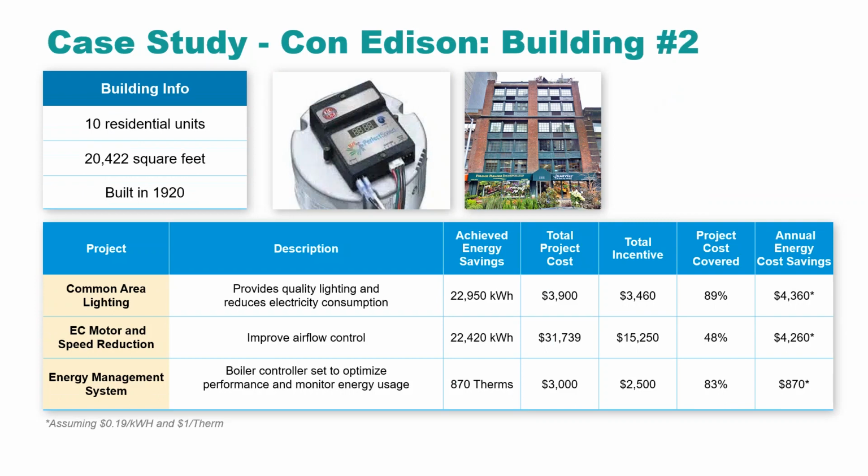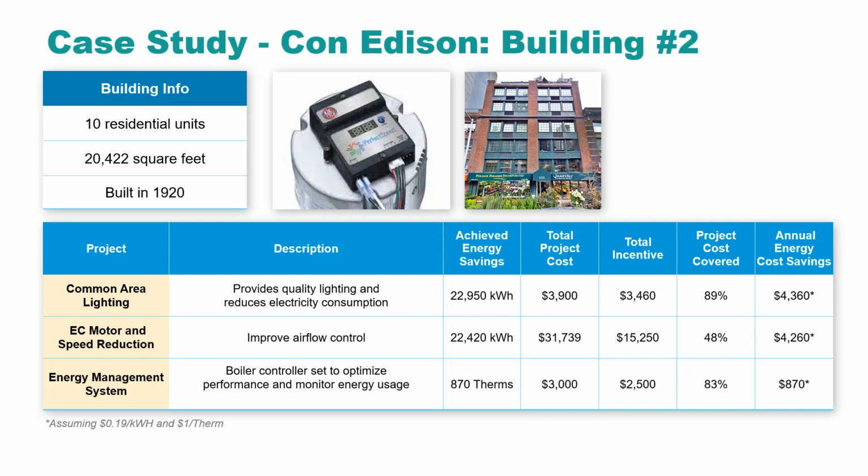The second case study shows a 10-unit pre-war market rate multifamily building in New York City. In this particular case, the owner implemented 3 projects, which included a common area LED lighting upgrade. They also installed energy efficient motors to improve airflow control in the building, and they updated boiler controls to optimize their heating system performance.